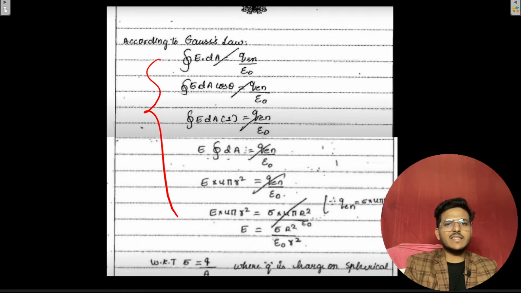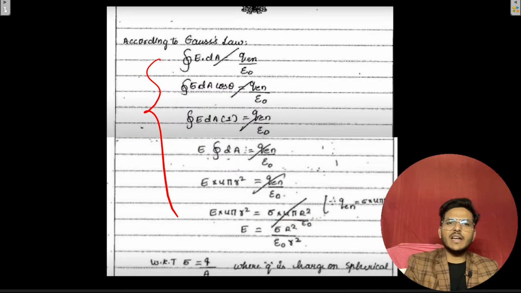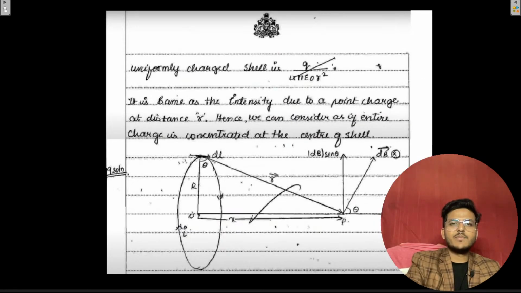See, that's how to derive this expression. See, how your answer book is checked: the examiner checks the first line, second line, third line, fourth line, each and every step. So write carefully, write in a proper manner, right?